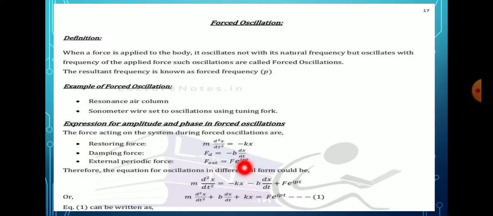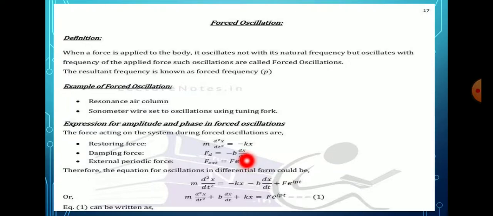Here, in the theory of forced oscillation, let us consider a body having mass m, vibrating in a damping medium, acted upon by the external periodic force f e raised to i p t, where p is the angular frequency of the external force.